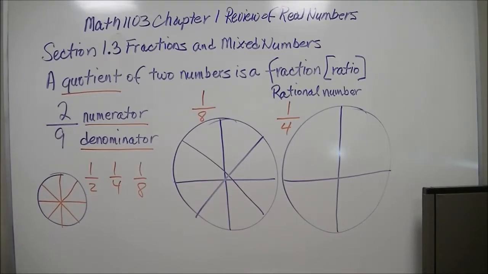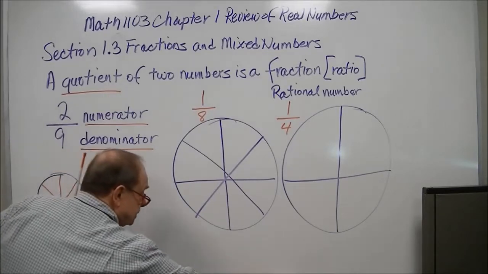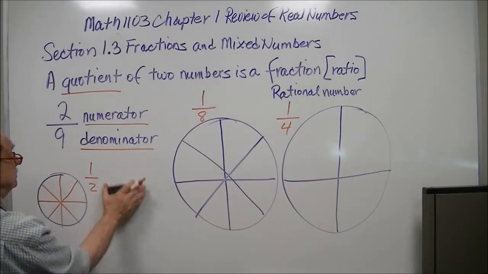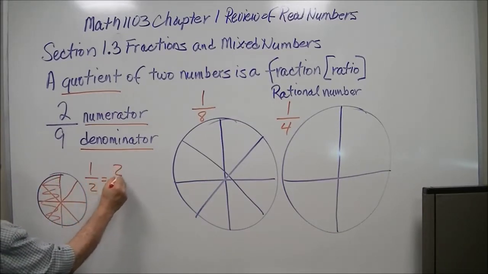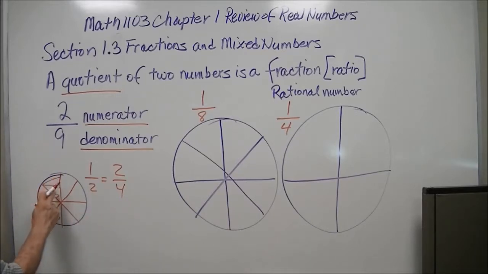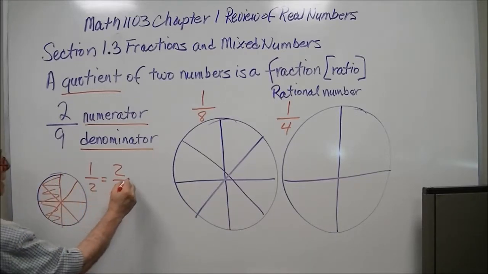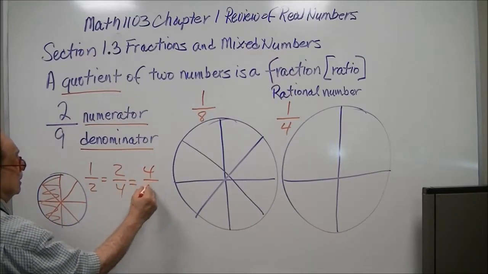Okay? So we might have the fractions. Let me just use this as an example. This was the original 1/2. When I cut it into fourths, that became 2/4. And then when I cut it into eighths, that became 4/8.